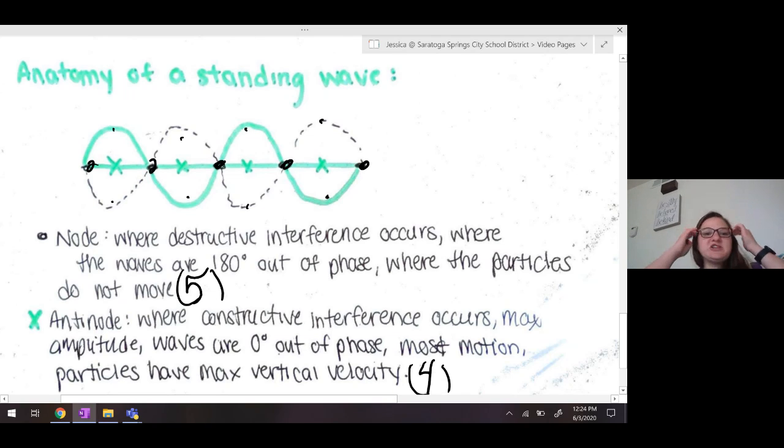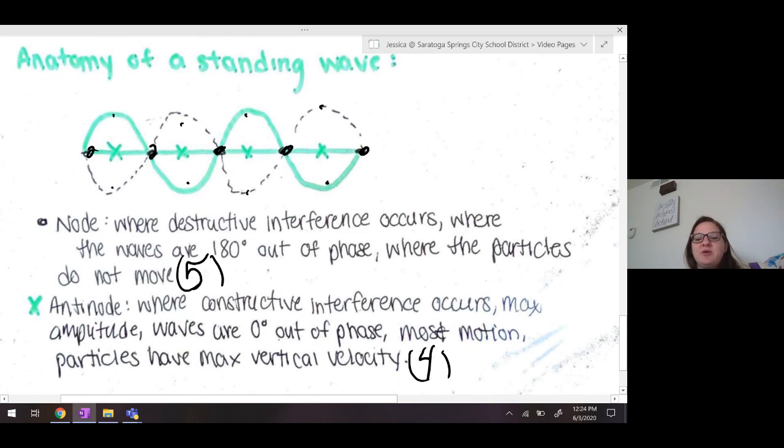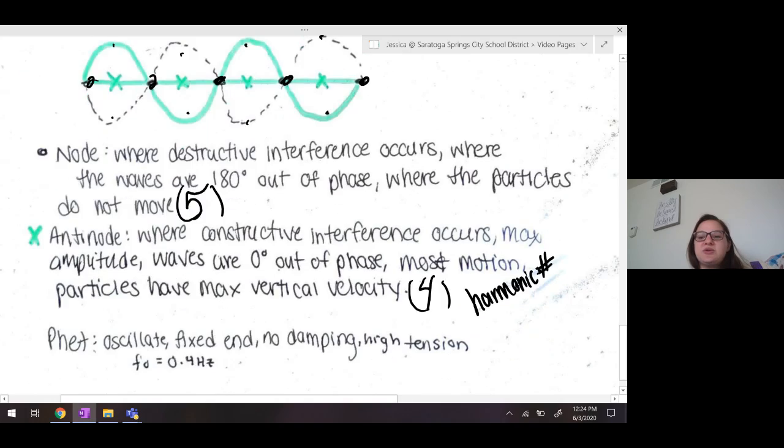Okay. So just make sure if you're asked to count the number of antinodes or nodes, you're doing it correctly. And remember, the number of antinodes for this type of problem also gives you the harmonic number, which also gives you the n value for what you would need to find the frequency.